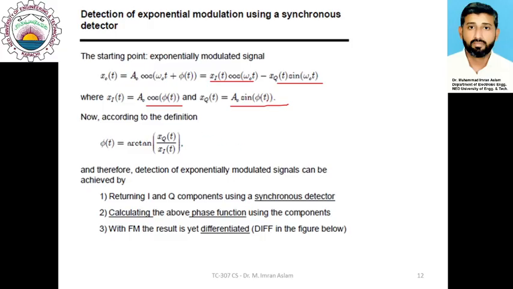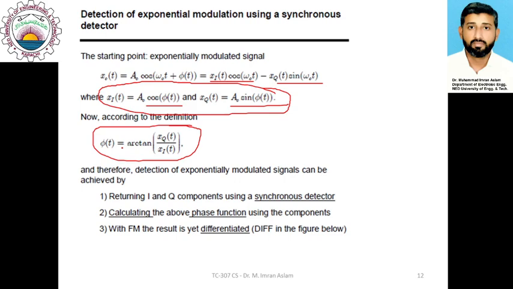Once you have the I and Q components, you can simply divide these two, and phi(t) can be calculated by a simple mathematical operation, the tangent inverse. If you take the tangent inverse of the ratio of the Q component and the I component, you would see that this results in the phase of the signal.